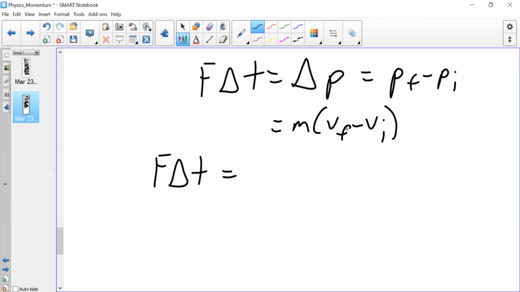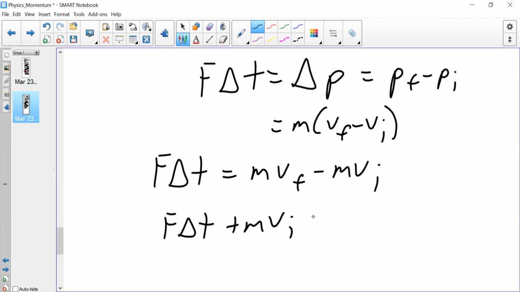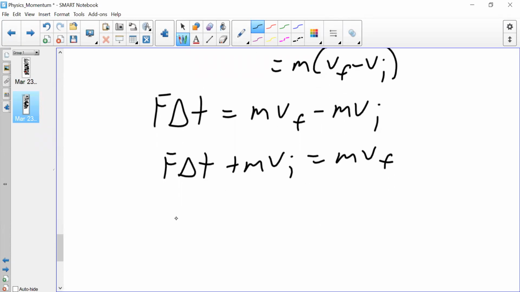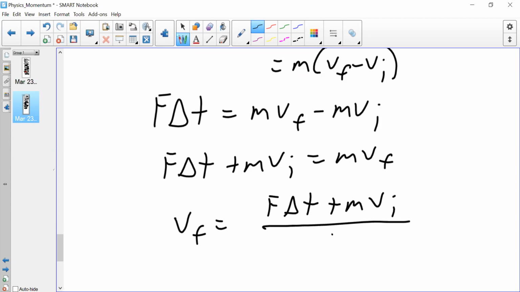The best expression is the last one: m v final minus m v initial. So we can solve for v final, because that's what we're looking for. F delta T plus m v i equals m v final. And so v final will be F delta T plus m v i, divided by the mass.